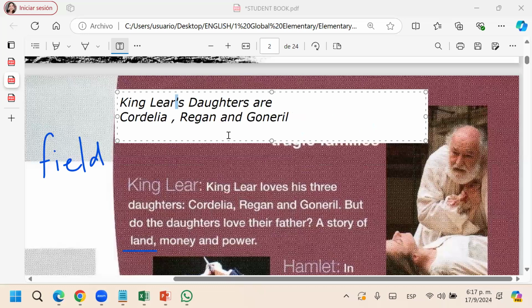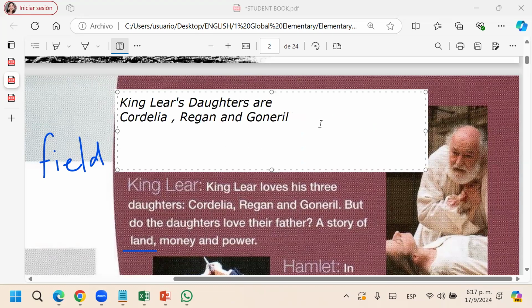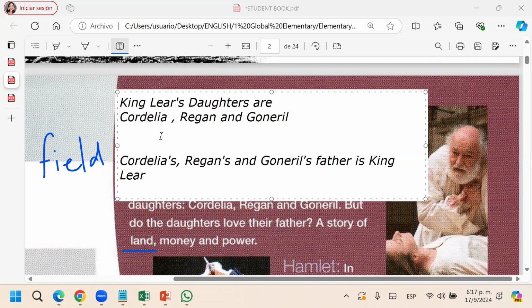Let me show you another option. I can also say, in the opposite form, Cordelia, Regan, and Goneril's father is King Lear. This is another option.